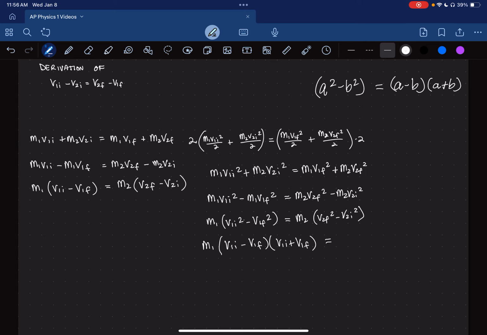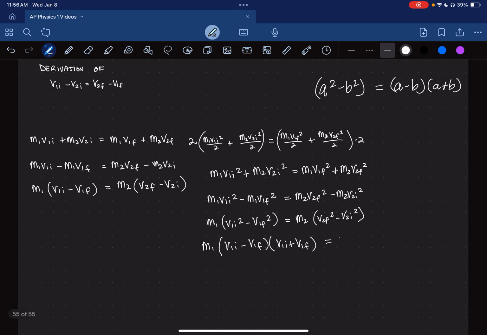Right, so we've turned this into these two. You can do the same thing over here. This is v2f minus v2i times v2f plus v2i. Cool. I'm just double checking to make sure I copied everything down right.